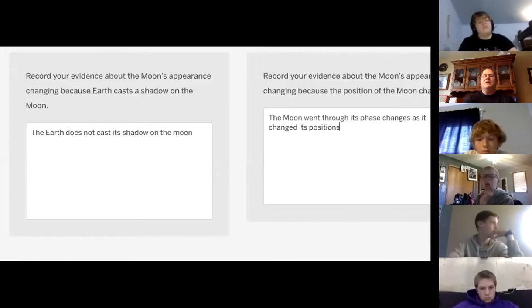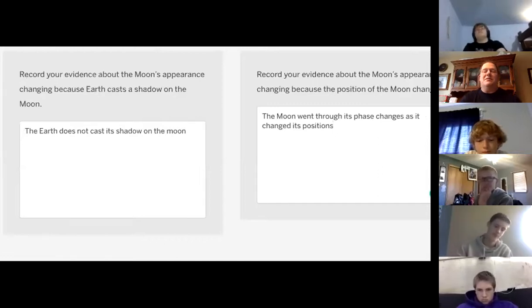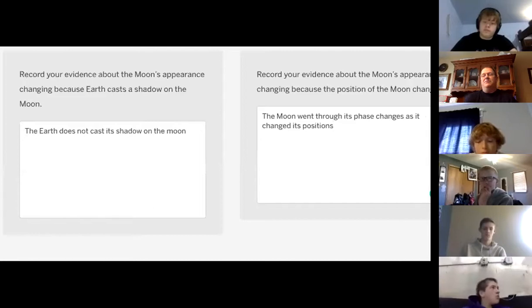Okay, so we could see that the moon went through its phase changes as we changed its positions. And not once as it rotated around that person did the shadow of that person hit it, right? He wasn't eclipsing the moon, right? It was just the moon's position.